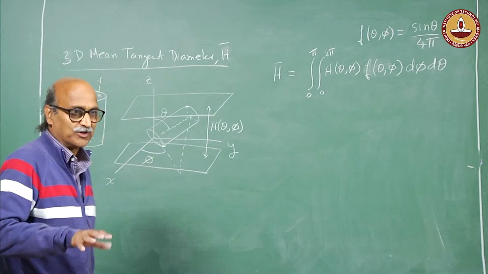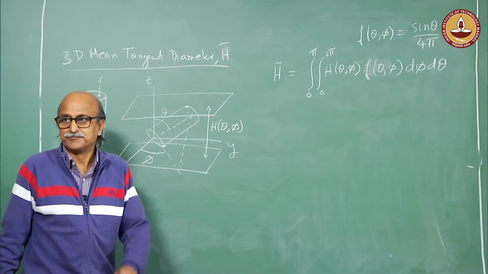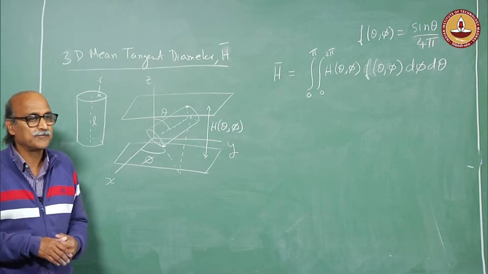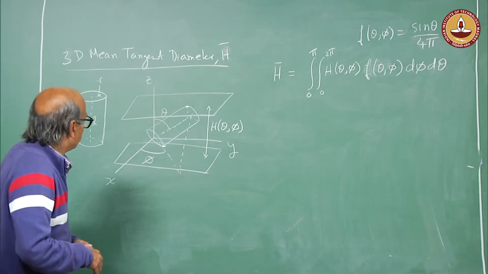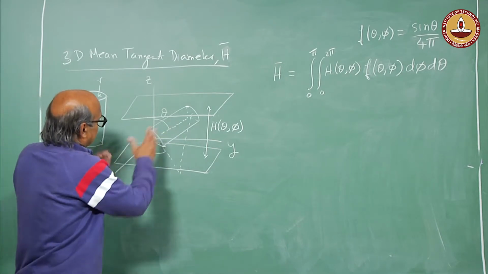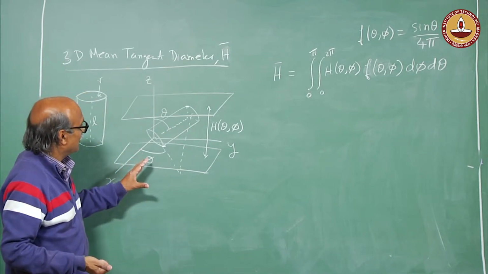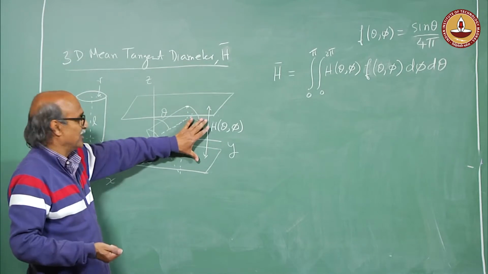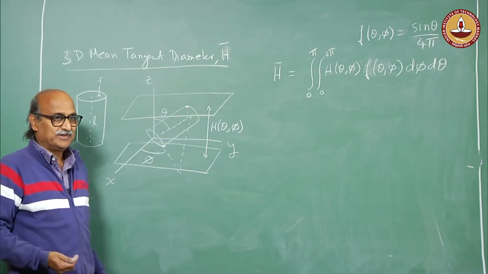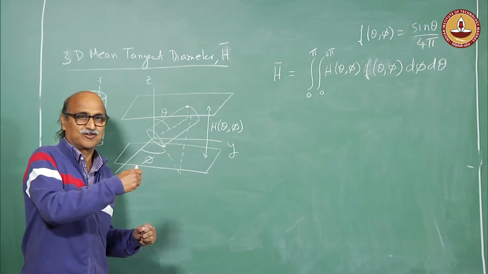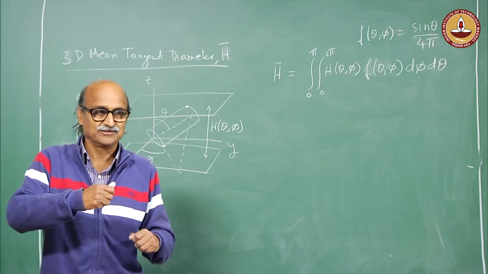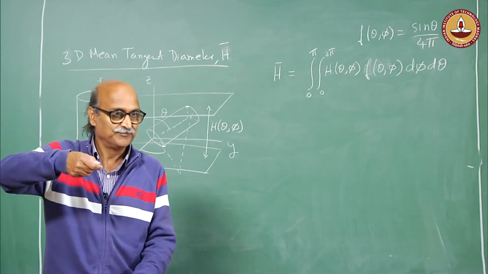Now, this problem is not as complicated as it looks. Let us try and visualize how the tangent diameter will vary with theta. If theta is 0 degrees, what will be the tangent diameter, the distance between the tangent planes?